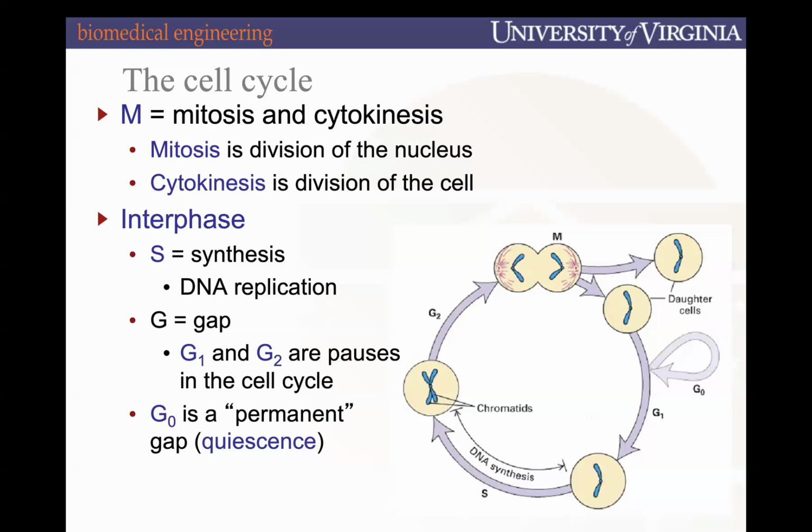Whereas senescence is this permanent arrest that doesn't happen at G0, but typically happens at either G1 or G2. Quiescence is this reversible pause in cell cycle at G0. Senescence is this permanent, irreversible arrest, typically at either G1 or G2.